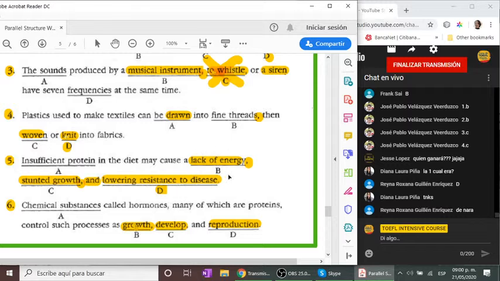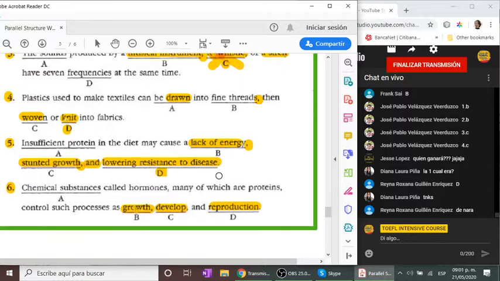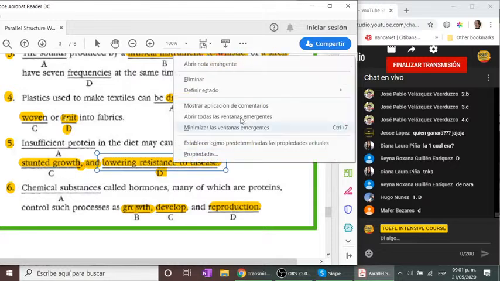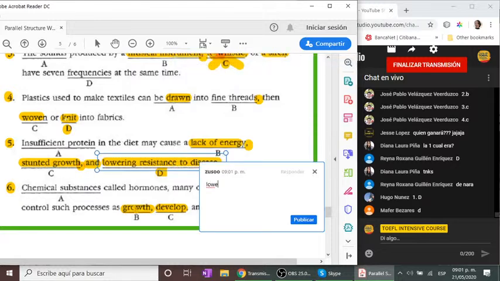Can you see, guys? ¿Sí observan que aquí de los 3 elementos no concuerda en absoluto con los otros? Lack of energy, no. Lowering resistance, no. You can say maybe lower resistance. Okay. But that's it.